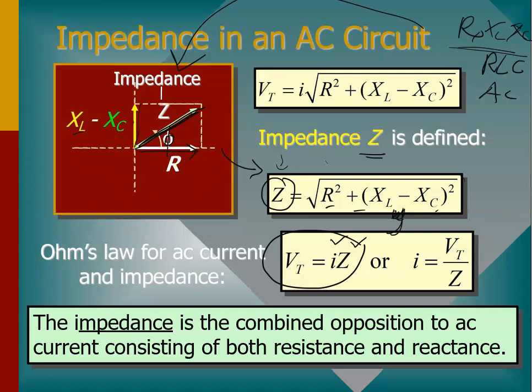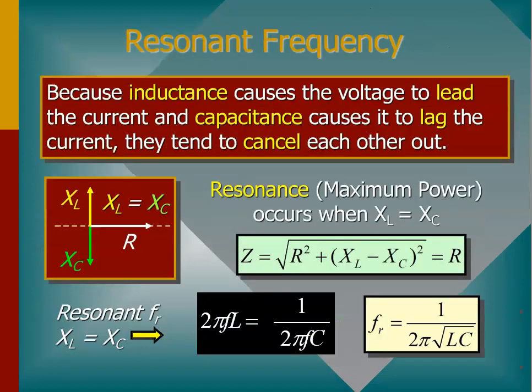So we move to the next subtopic, which is more on the combination between XL and XC. So what is resonant frequency? When inductance causes the voltage to lead the current, and capacitance causes it to lag the current, they tend to cancel each other out.